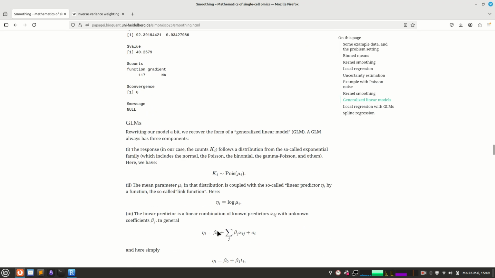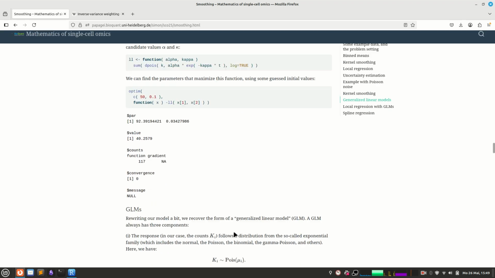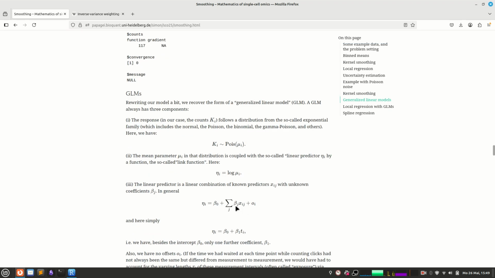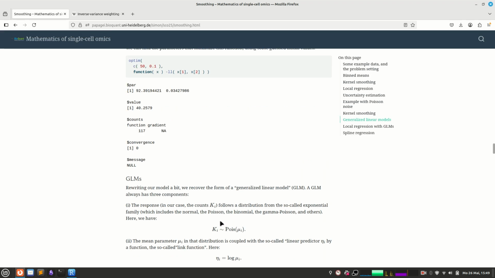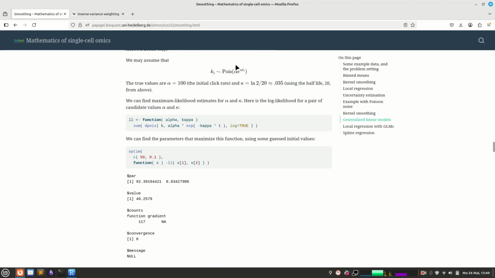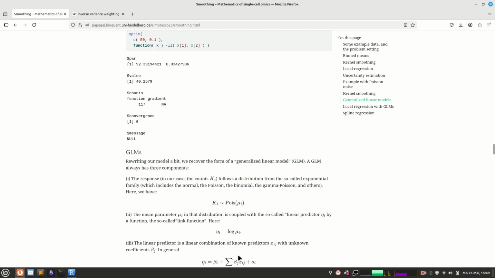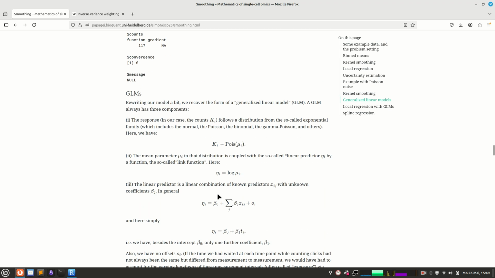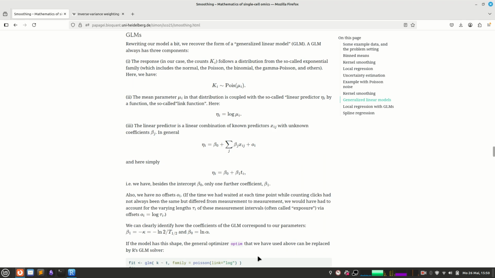So log alpha is the intercept, and kappa t is this thing, where t is the predictor x. So this here is the logarithm of that thing here. And it can be read as a linear predictor because it has an intercept and one thing which depends on our predictor, the pseudo time t, or sorry, the actual time t.